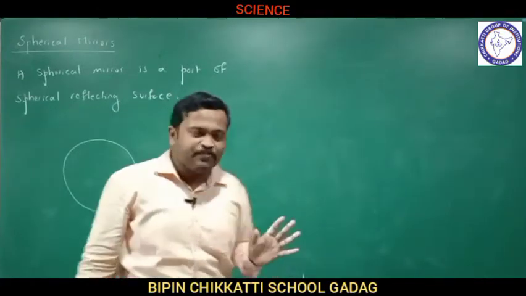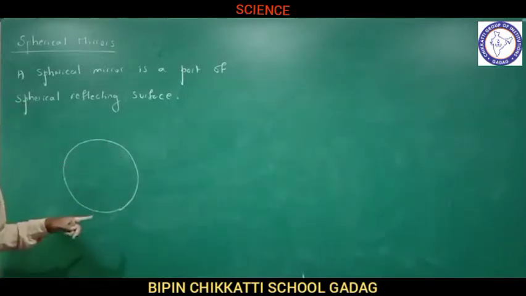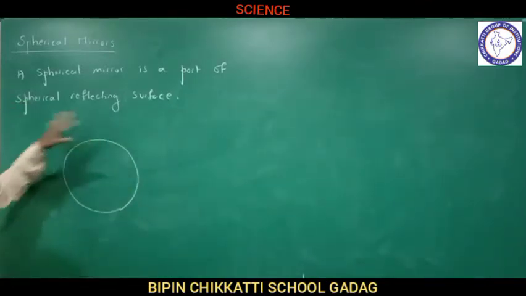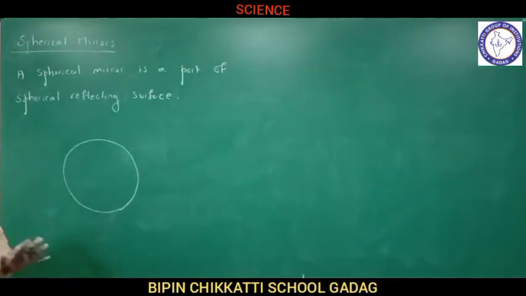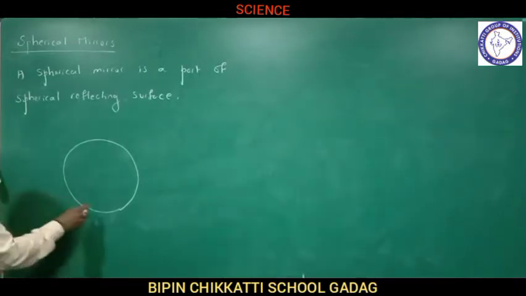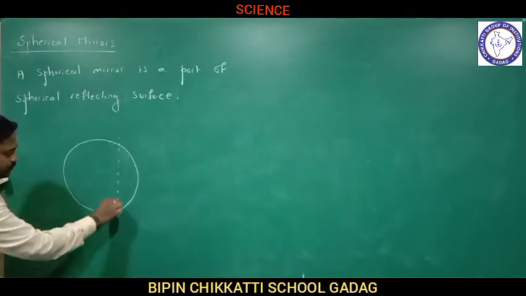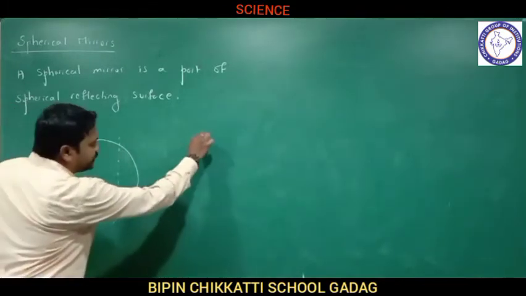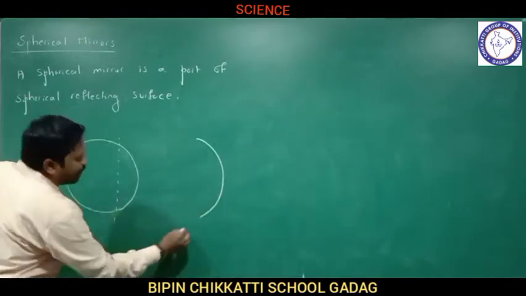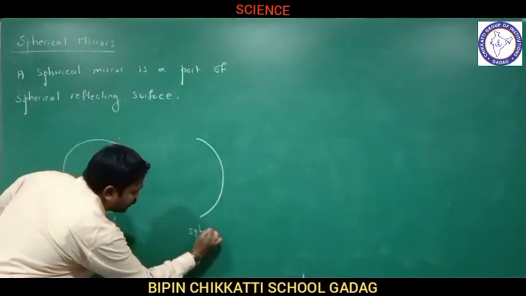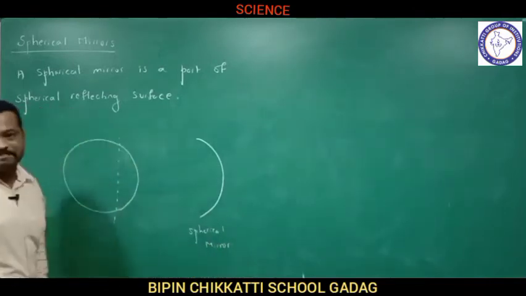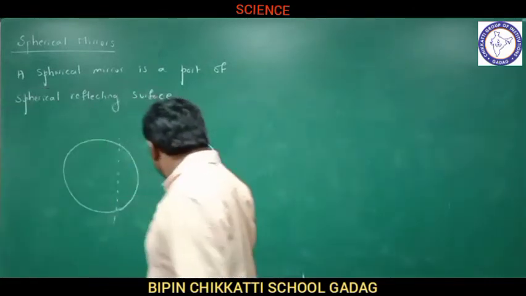If you stand beside it, you can see your face, which means it is silvered outside. Now if you cut this sphere, you will get this part, and this part is called a spherical mirror. So what is a spherical mirror?